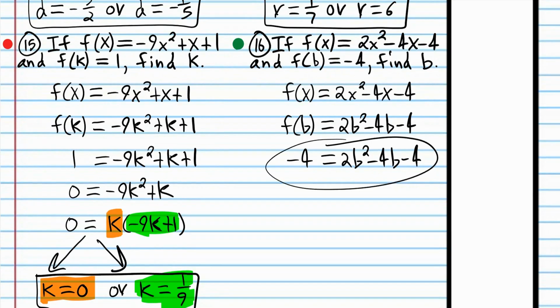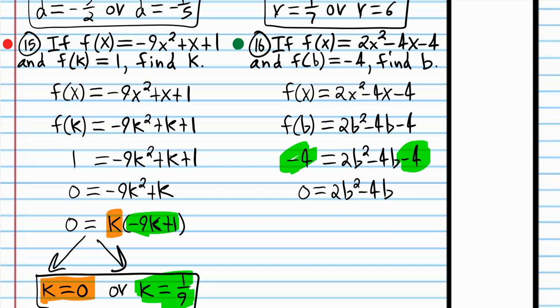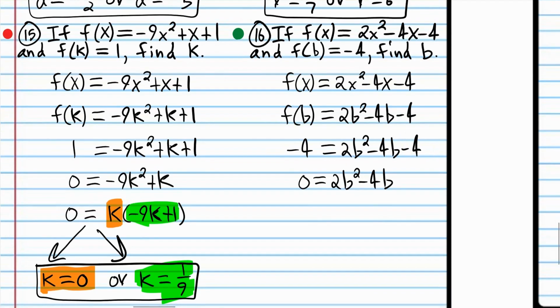So we want to put this equation in standard form. If we add 4 to both sides, we see that these green negative 4's just canceled out. So now we're going to factor out a GCF, which is 2b.